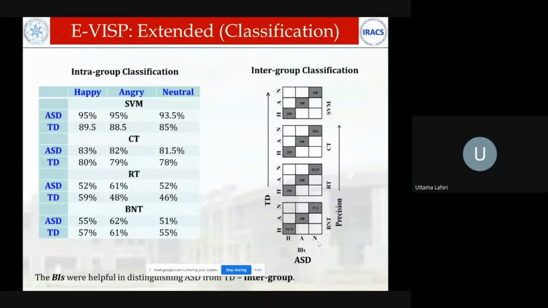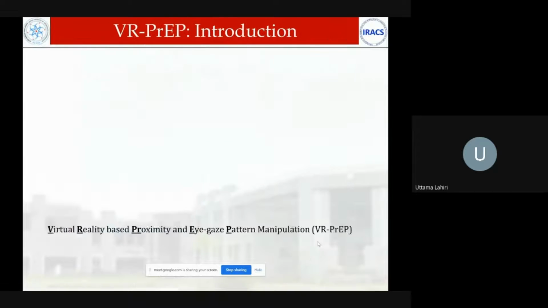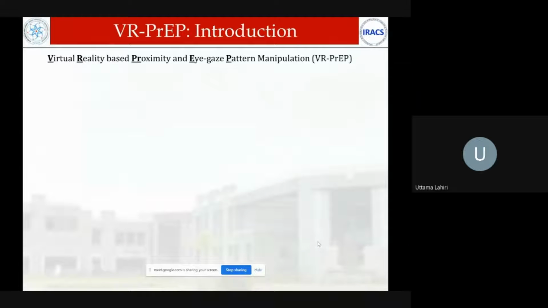We could find out that the behavioral indices were helpful in distinguishing the autism and the typically developing child. That is, an intergroup classification can be very easily performed based on how eye tracking measures can be used to estimate one's affective state. So we went ahead to see other parameters such as proximity and eye gaze pattern.